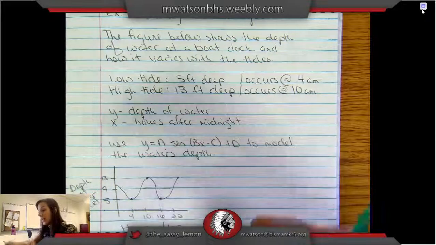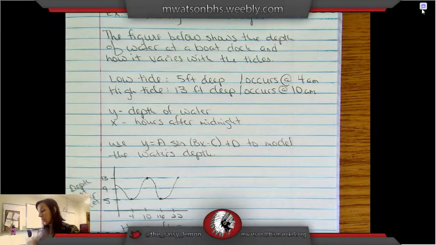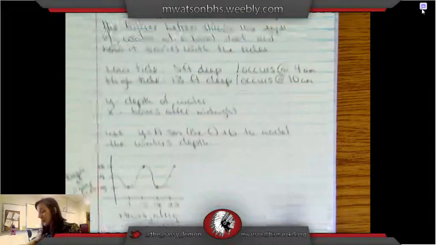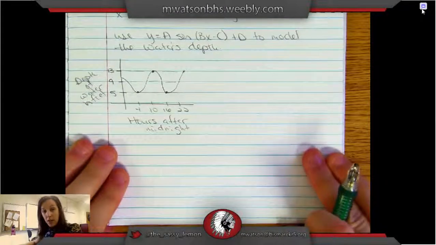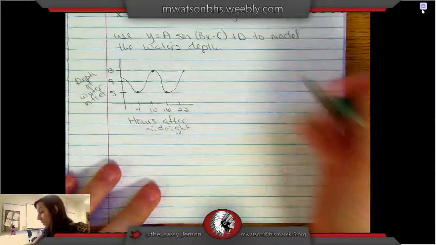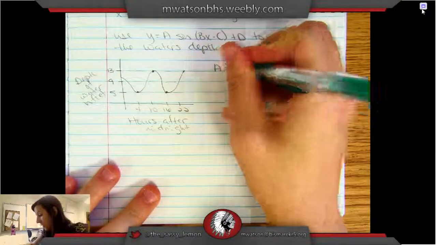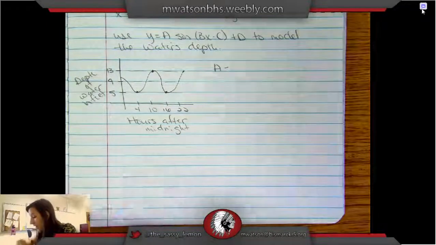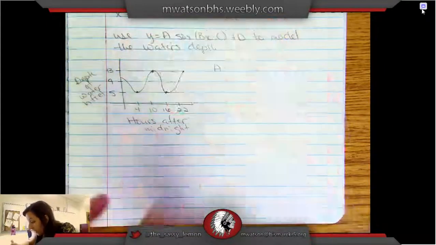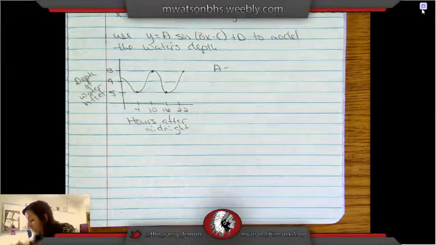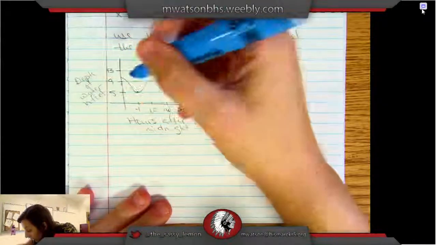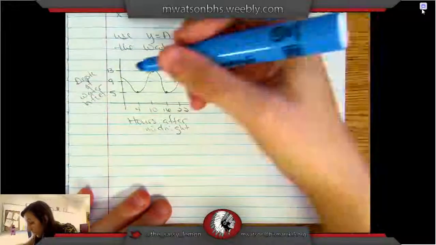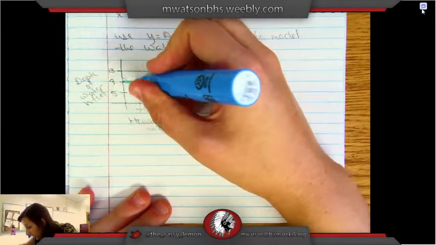So just like I said in the video before, you're turning this data into something that you can use to model the tide. So if we look down here, we need to find 4 different things. First of all, we need to find A, the amplitude. So if we look, we can see that the center of our graph is right, well, I should do it in blue because it's our vertical, we actually find a vertical shift here, okay?